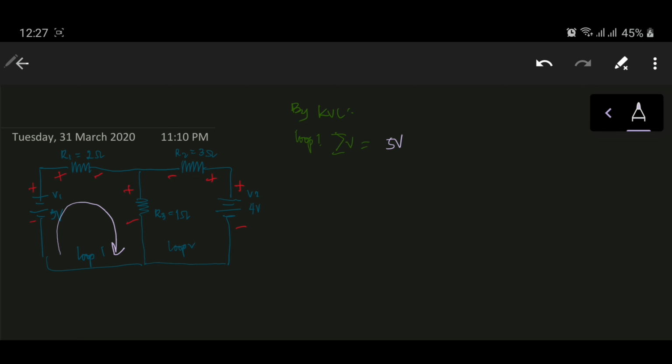For R1, we write minus 2 ohms times the current through R1, I'll just name it I1, and we use the minus sign because we left that resistor through the negative terminal. And for R3, the same thing. 1 ohm times the current through R3. I'll just write it I3. And this will be equal to 0.